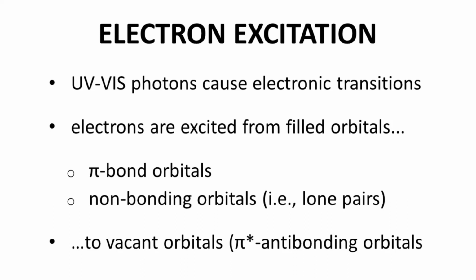Typically, the excitation is for an electron from either a filled pi bond orbital or a non-bonding lone pair orbital to a vacant pi star orbital. As light is passed through a sample, the absorption of different photons with specific wavelengths can be detected, processed, and displayed as a UV-VIS spectrum.